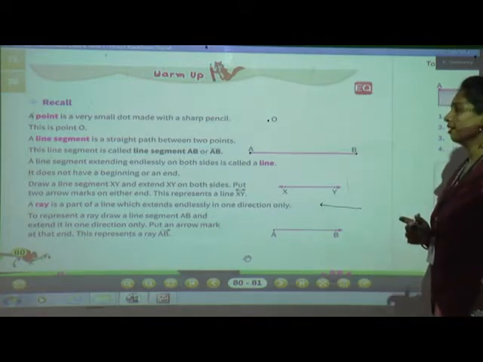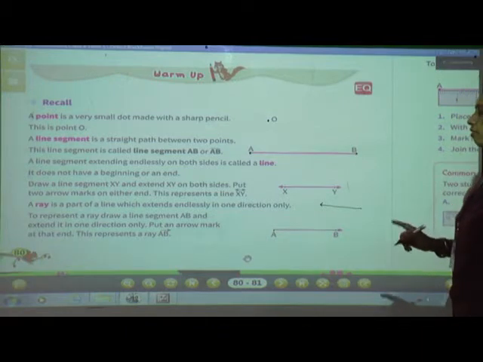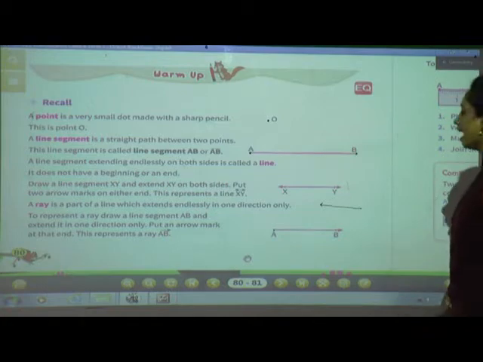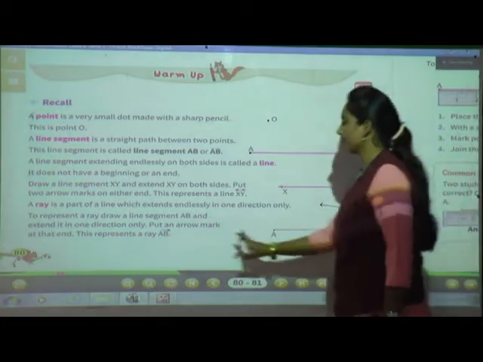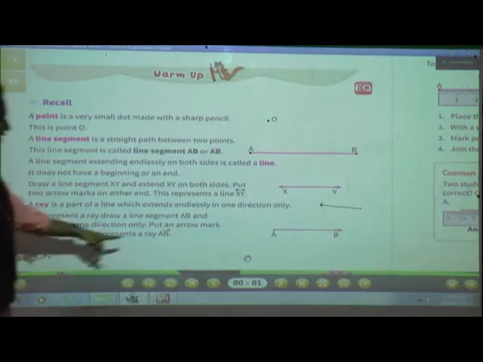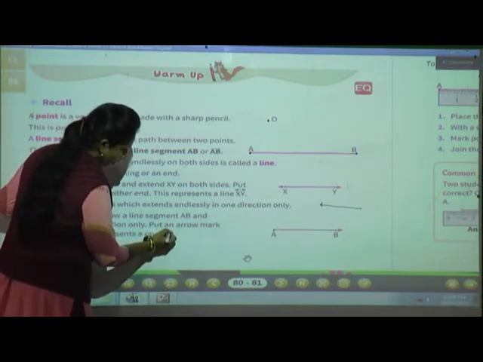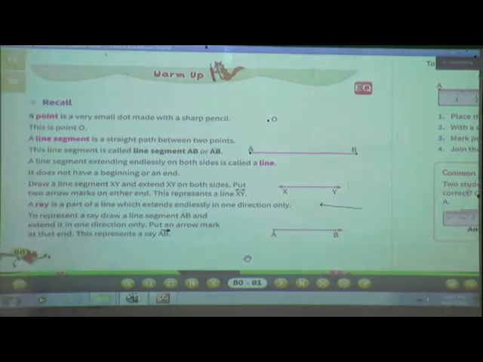Now to represent a ray, draw a line segment AB and extend it in one direction only. Put an arrow mark at the end and represent it as ray AB. Can you see here? How to represent? AB, and on top of AB we have to give an arrow in this way, like a small arrow. Ray. Understood?